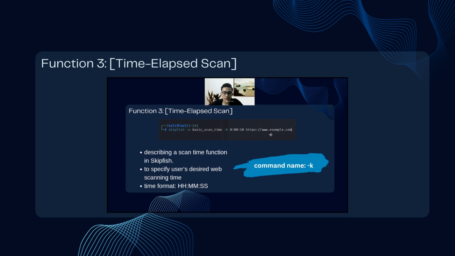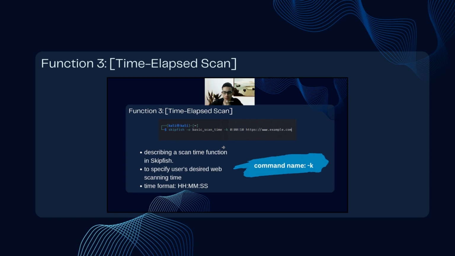Inside SkipFish, this dash K option is used to describe scan time or duration, more specifically, web scanning time duration. This command purposely appears so that the user can specify a desired scan time.